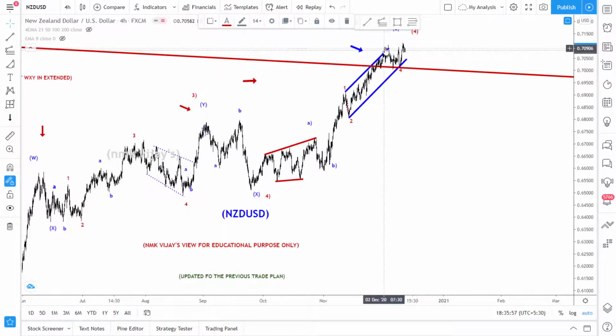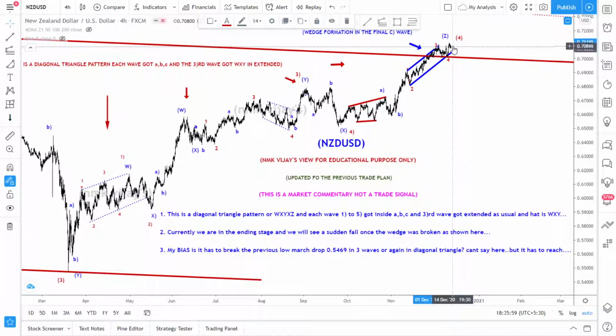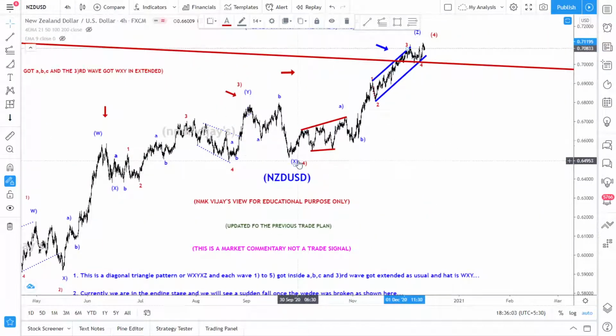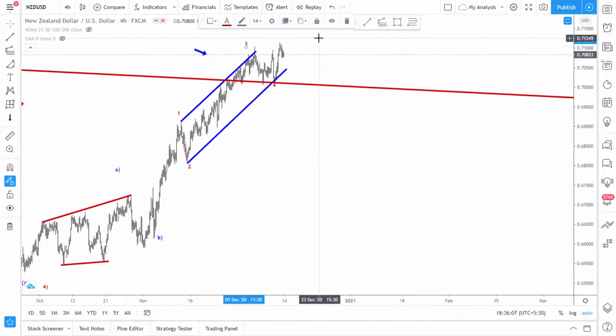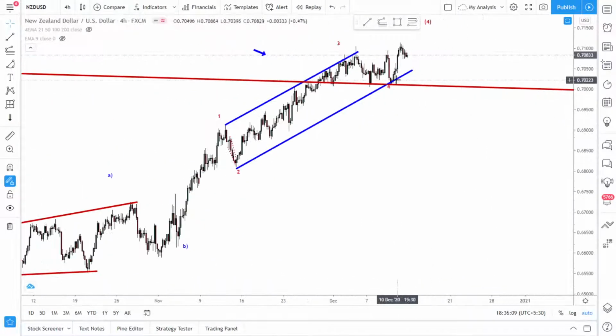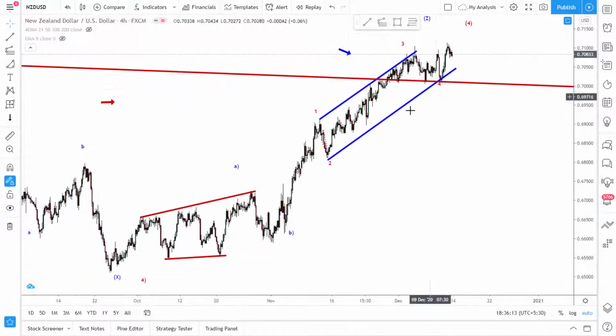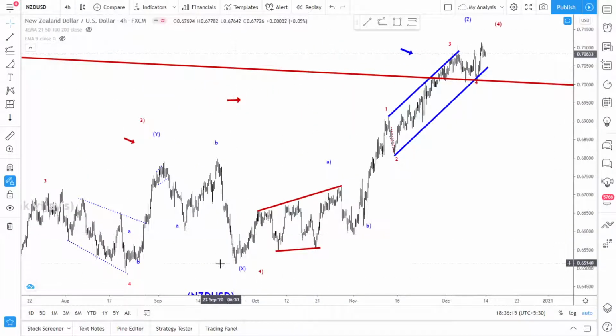Whether again here also it's possible one more high, or this whole thing becomes A, B, and C, meaning it already did that fifth wave here. It's looking like the five-wave structure. Or it could be one more thing: this could be an extended diagonal triangle pattern, meaning this is the end of the third wave here.